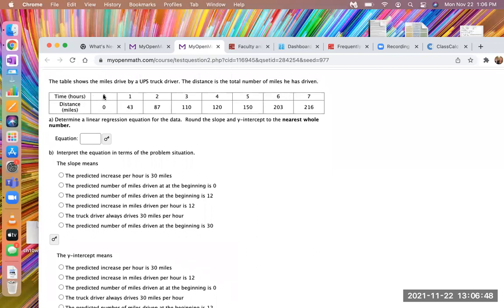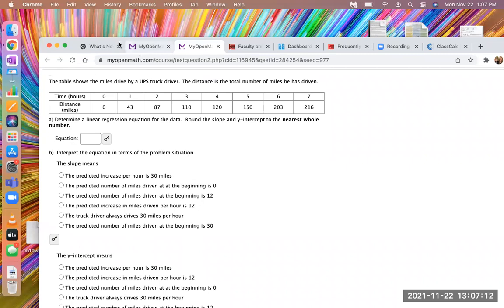If he drove for 0 hours, he drove a distance of 0. If he drove for 1 hour, he drove 43 miles, 2 hours 87, 3 hours 110, and 4 hours 120. They ask us to determine a linear regression equation for the data, and then round the slope and y-intercept to the nearest whole number.